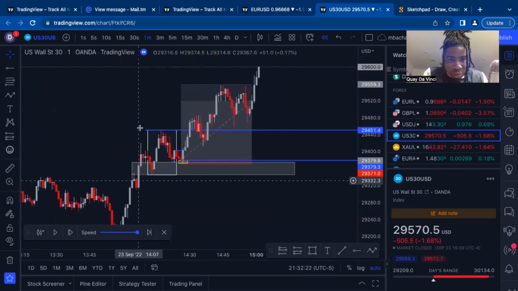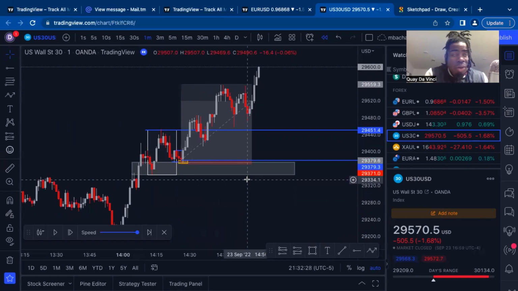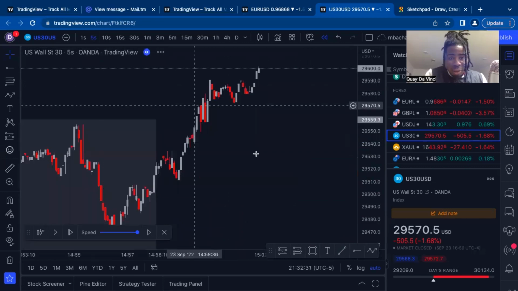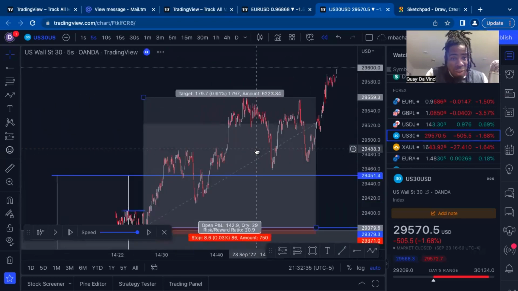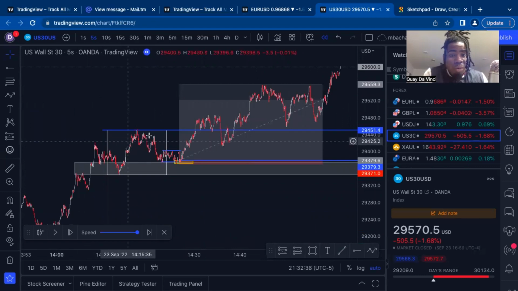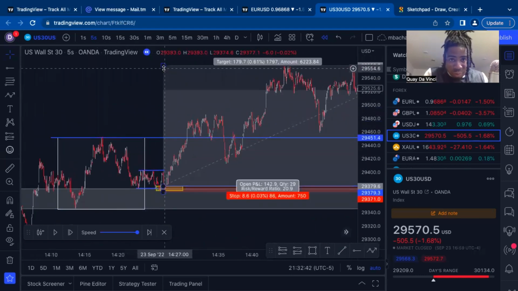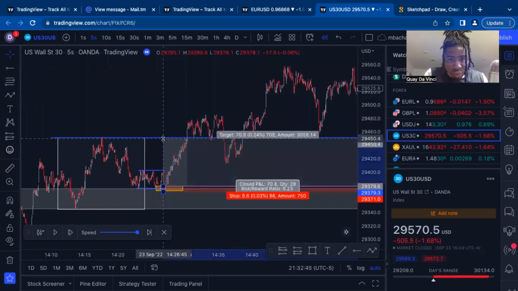Change of character, break of structure, break of structure. That shows once you see more than two breaks, you most likely got a different trend about to play out. Maybe not a long-term trend, but a trend you definitely can make some money off of. But after we knew what zone we was looking for, which is right here, even my first take profit, that was a 1 to 8.